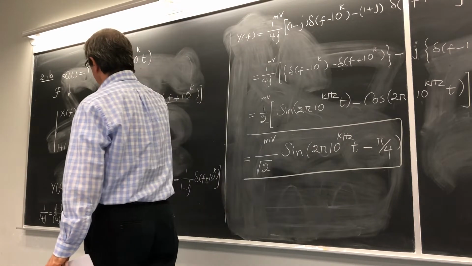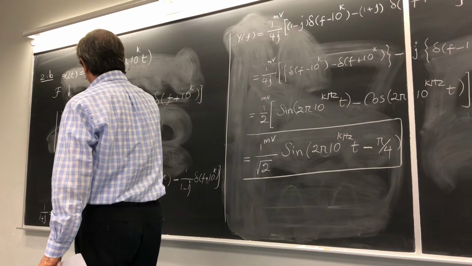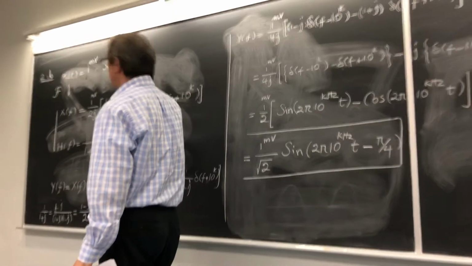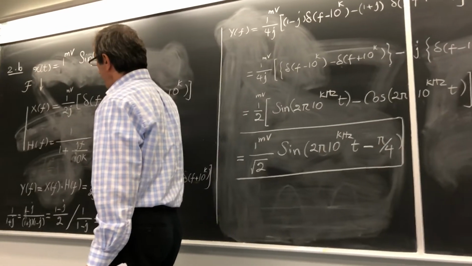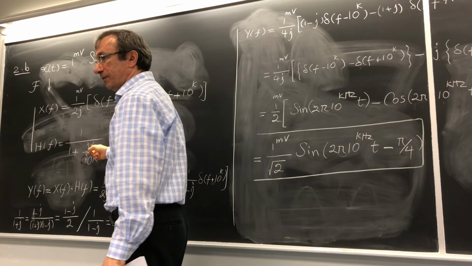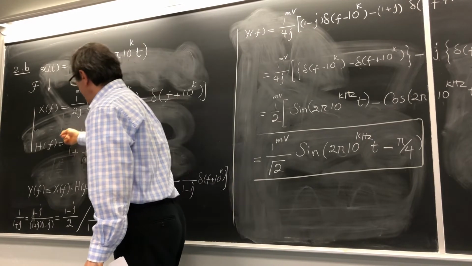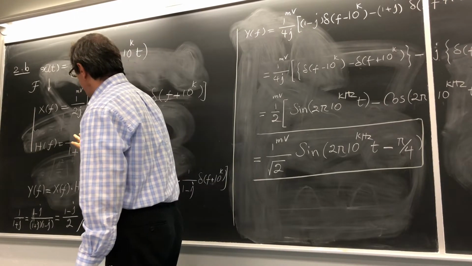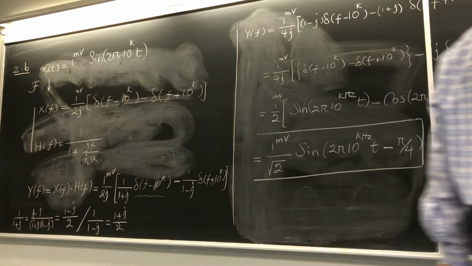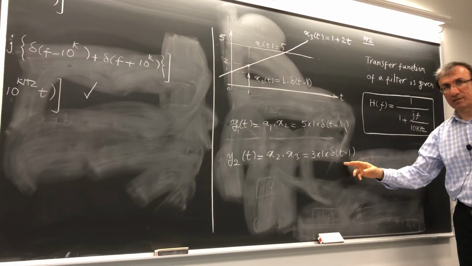So this is the first term. We calculate how much h of f would be at f equals 10k. Just replace f by 10k. We're going to have 1 over 1 plus j. And that is the value of the transfer function that needs to be multiplied by the same function, exactly the same as we have here. You don't get rid of the delta function. It exists.